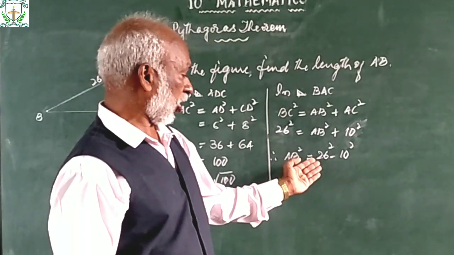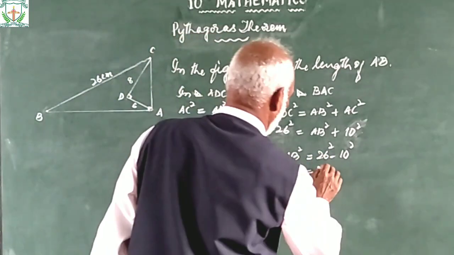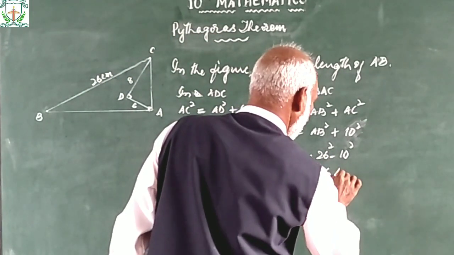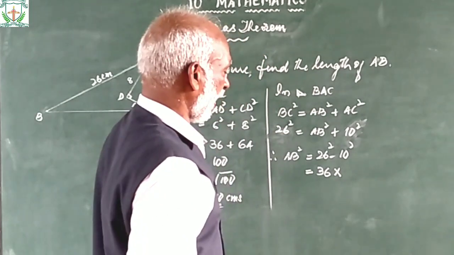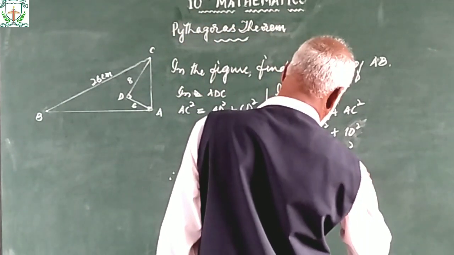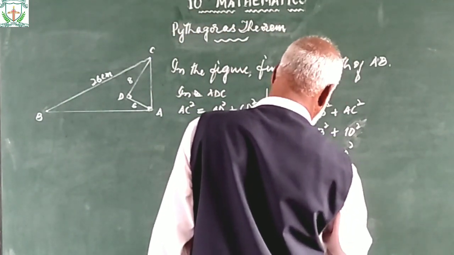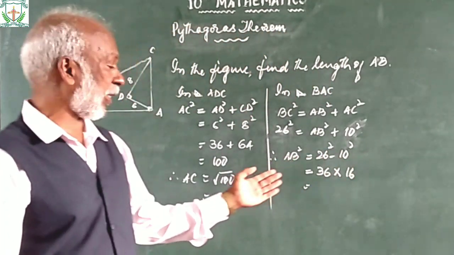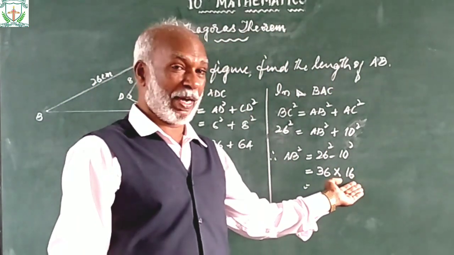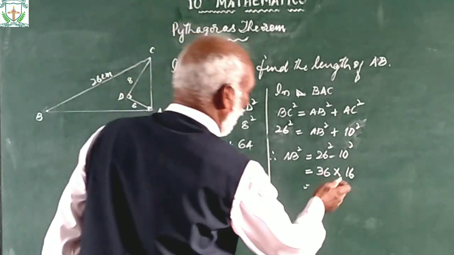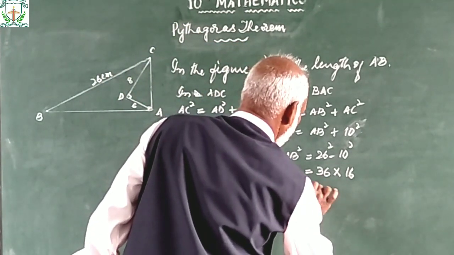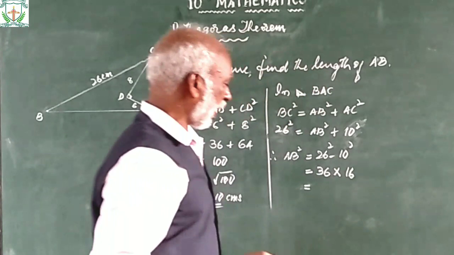So 26 plus 10 is 36. 26 minus 10 is 16. A square minus B square is equal to A plus B into A minus B. So multiply. You are good at multiplication.